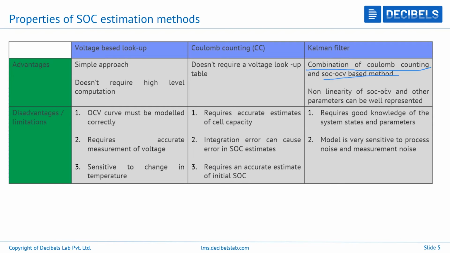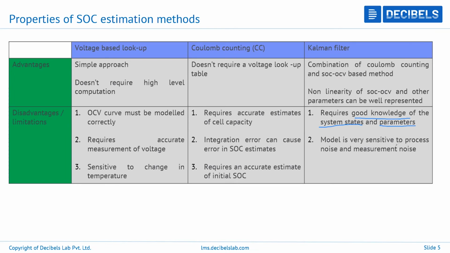But in Kalman filters, especially EKF, the extended Kalman filter, and UKF, the unscented Kalman filter, these two methods can very well represent the nonlinearity of SOC OCV behavior and even other parameters as well. Okay, so here the limitations are that the system states, state equations and state parameters must be very, very well known.